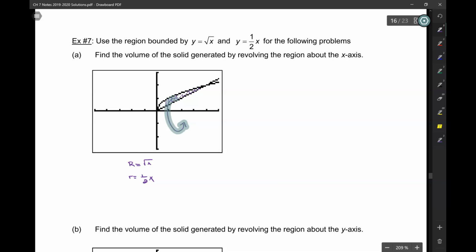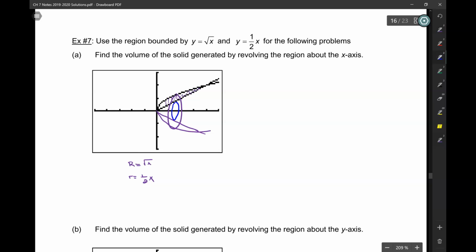So the way it looks, if you have a disc or a washer in there, you have one disc that looks like this. If you rotate this, it looks like this and this. And you have one that looks like this, and then another one inside looks like this.